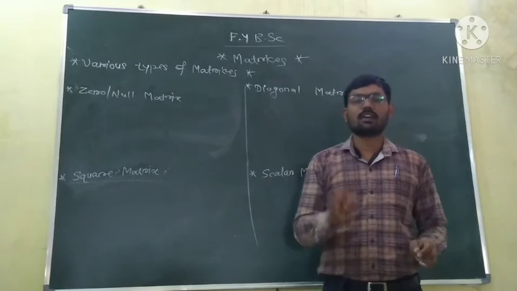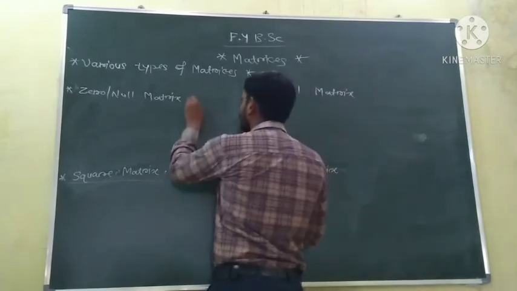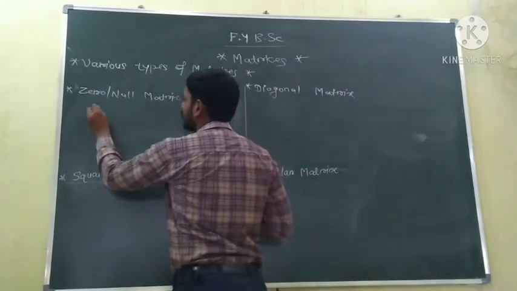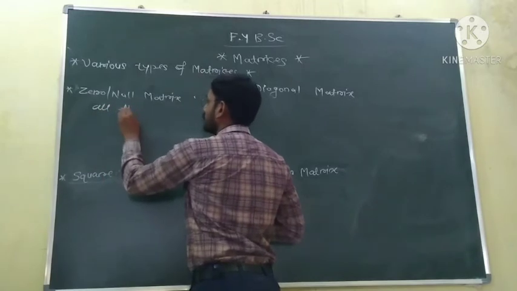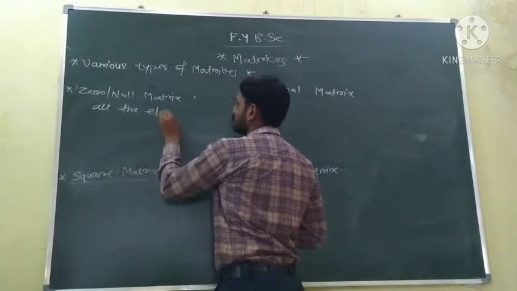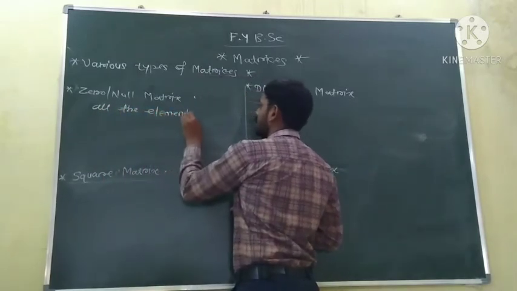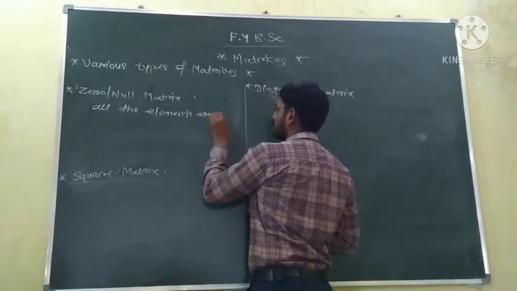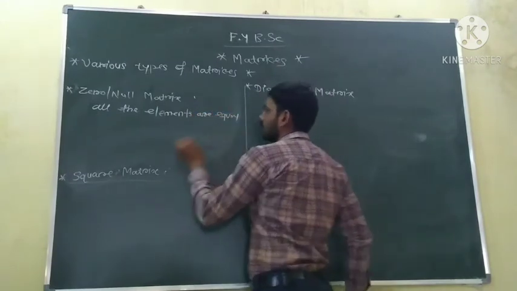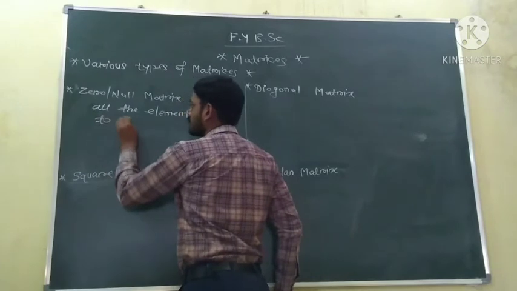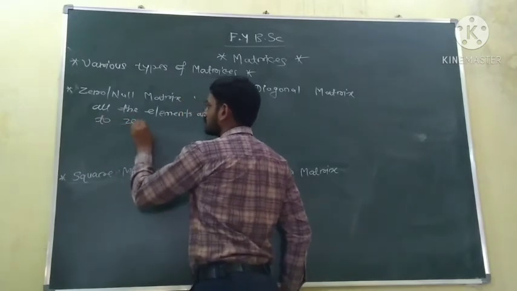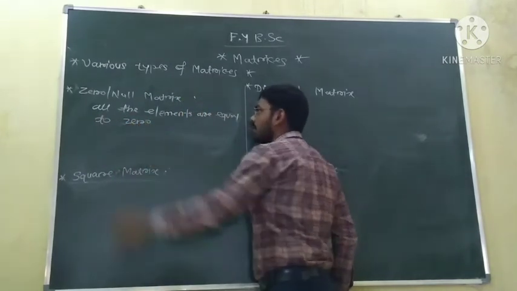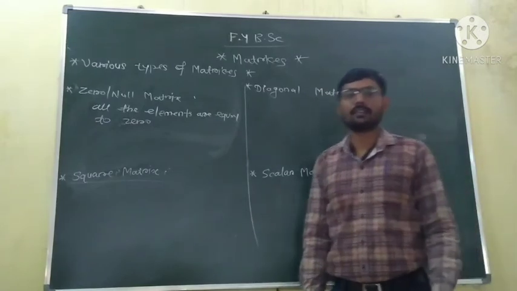A zero matrix or null matrix is a matrix in which all the elements are equal to 0. It is called a zero matrix or null matrix.